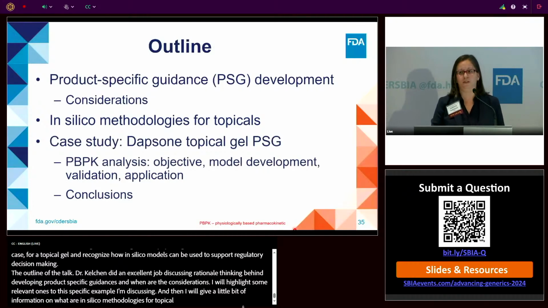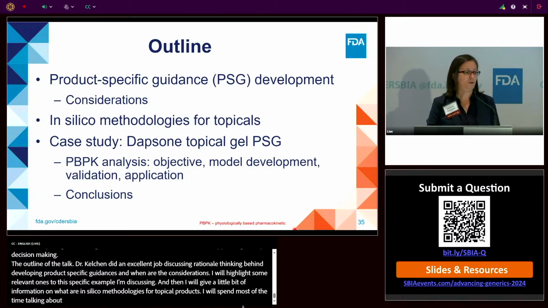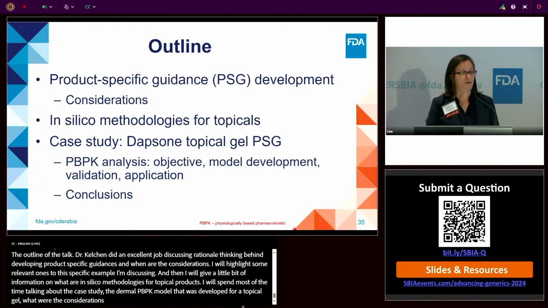And I will spend most of the time talking about the case study, a dermal PBPK model that was developed for Dapsone topical gel, 7.5 and 5%. What were the considerations that went into the development, validation, and the application of the model?